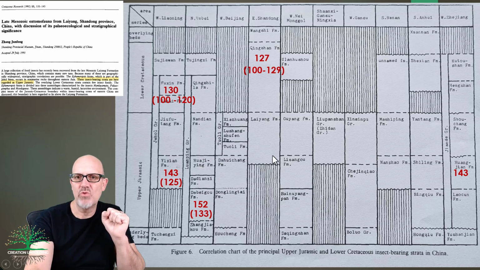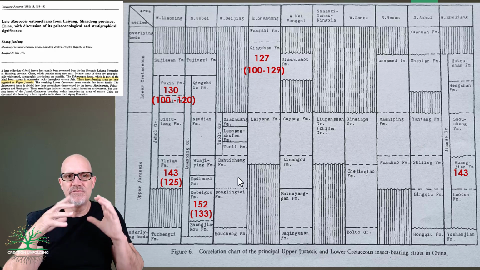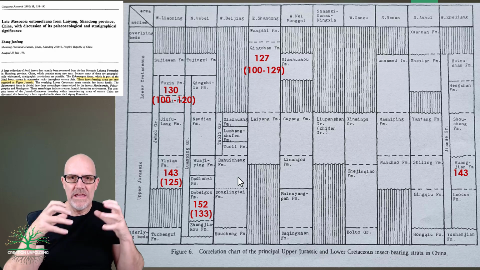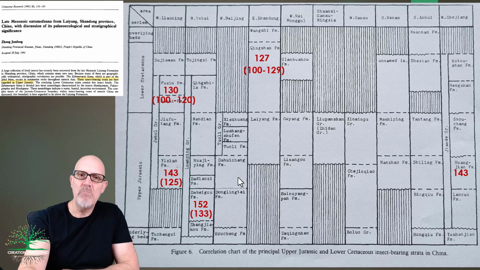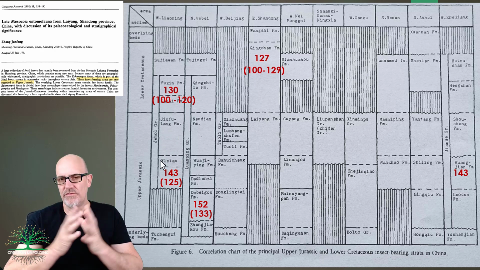And that's the case right across both eastern China and southern China. You've got all of these formations here. And in a lot of these formations, they have found some of the fossils that go into this Jehol biota. However, most of them have been found in these two formations here. Okay, so hopefully you've gotten all of that.